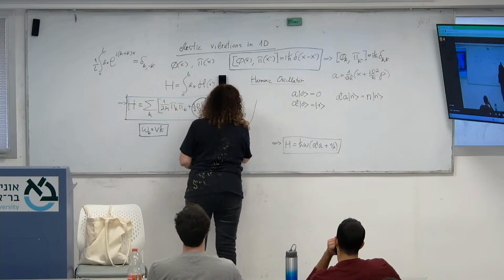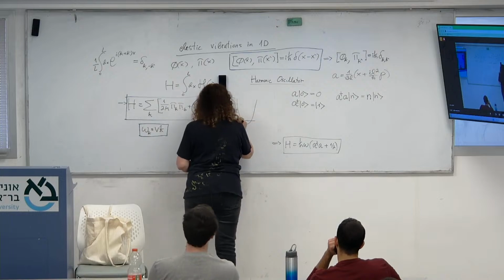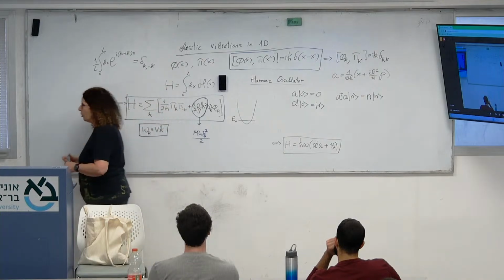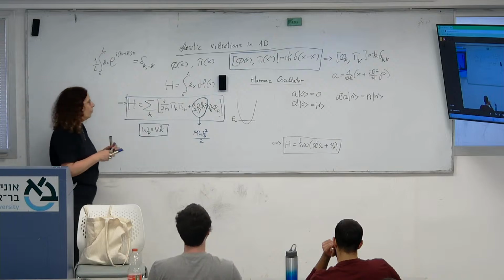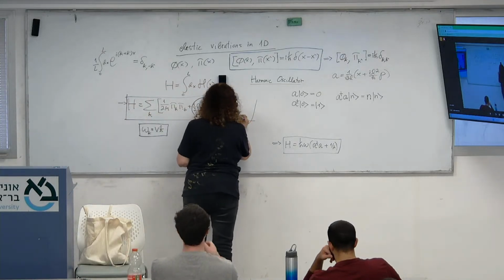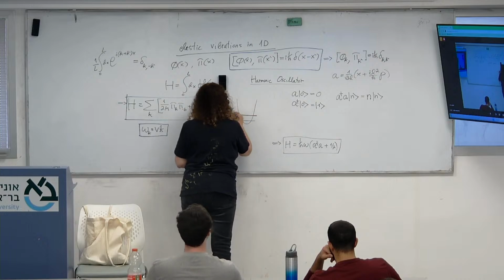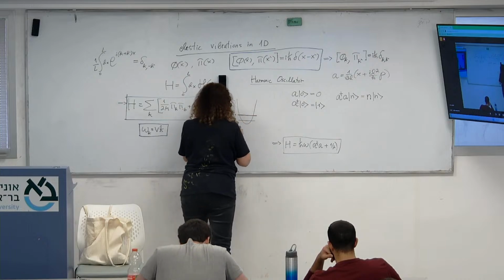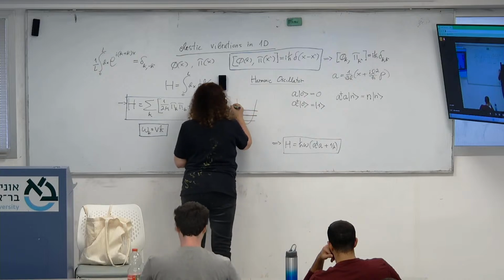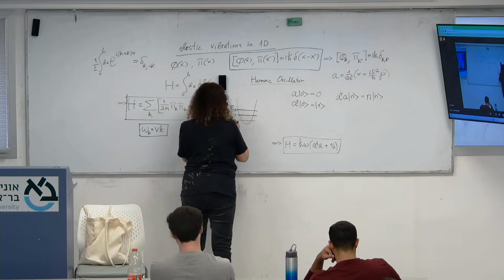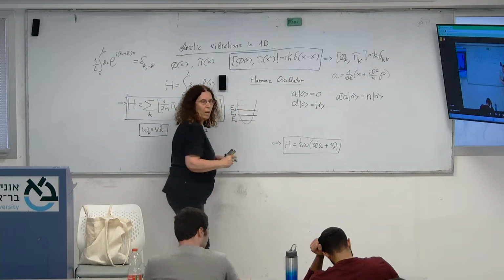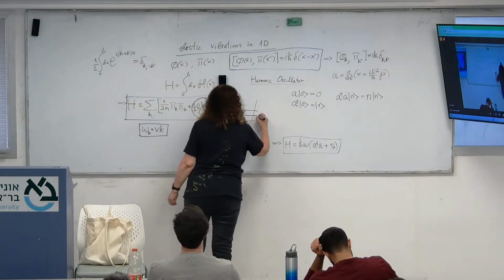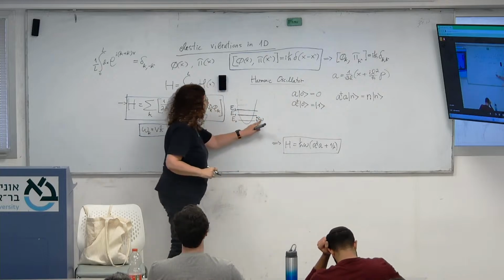I have a ground state, and then E1, E2, and so on. So the spectrum is just an equally spaced ladder where the energy difference between each state is just h bar omega.